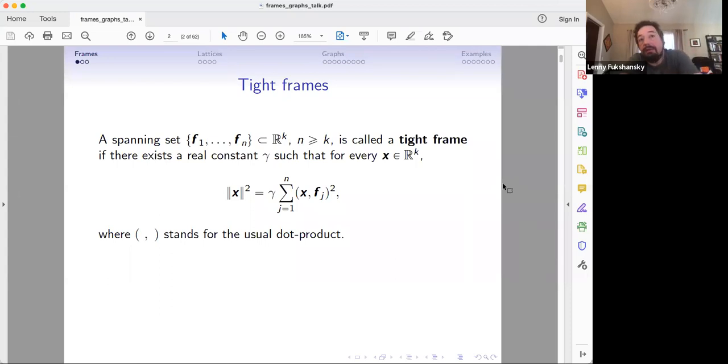A spanning set for a k-dimensional Euclidean space consisting of n vectors, where n is usually greater than k, is called a tight frame if there exists a real constant gamma such that for every vector x in R to the k, the squared norm of this vector (I write double bar for the Euclidean norm throughout the talk) can be computed as gamma times the sum of squares of inner products with the frame vectors. This is just the usual dot product.